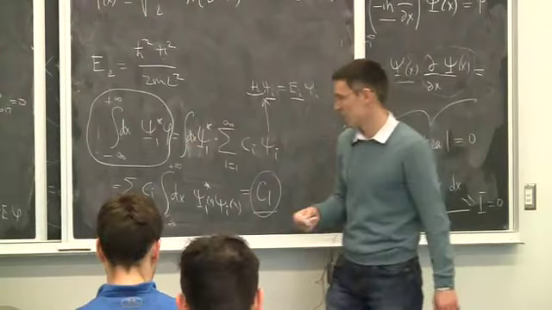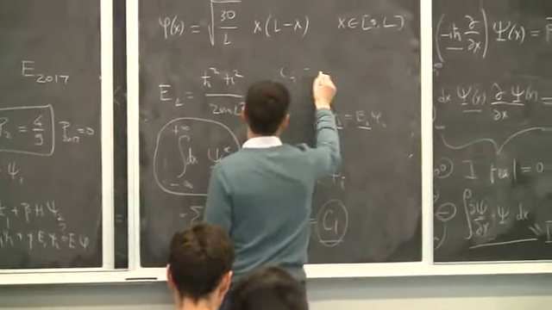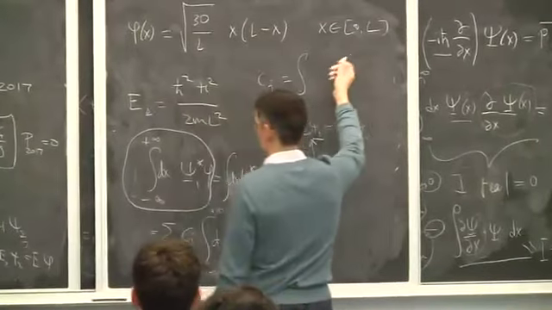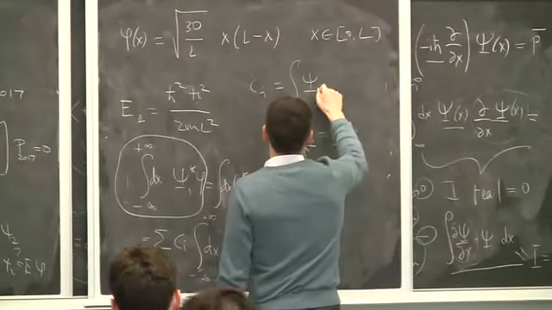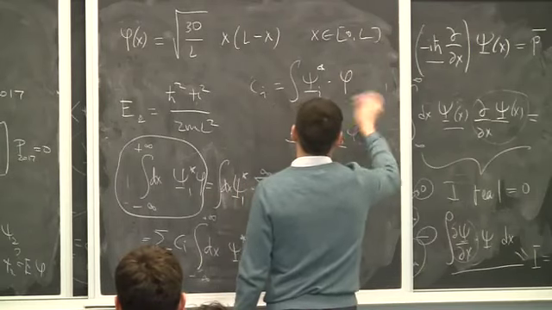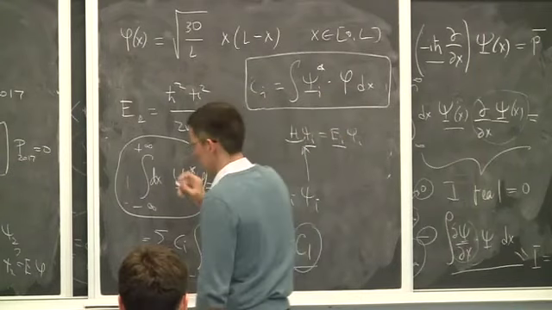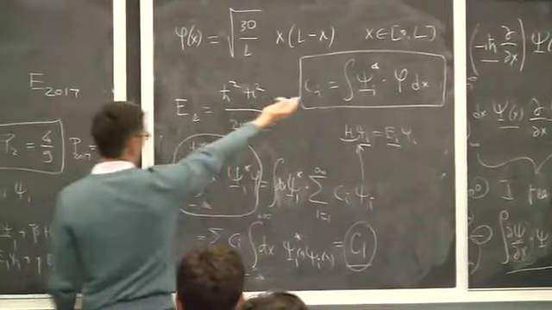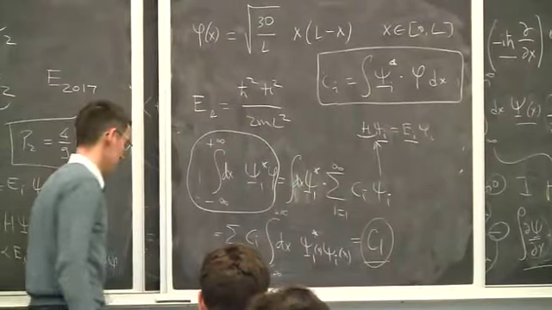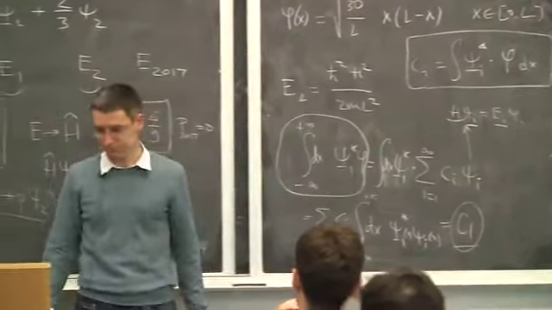And I think I gave you the definition that Ci generally equals the integral of psi i star multiplied by, well, the function that you have, right? So that is the general definition of how to find the coefficients, and that works because of this chain and the fact that the functions are orthonormal. That is a requirement.